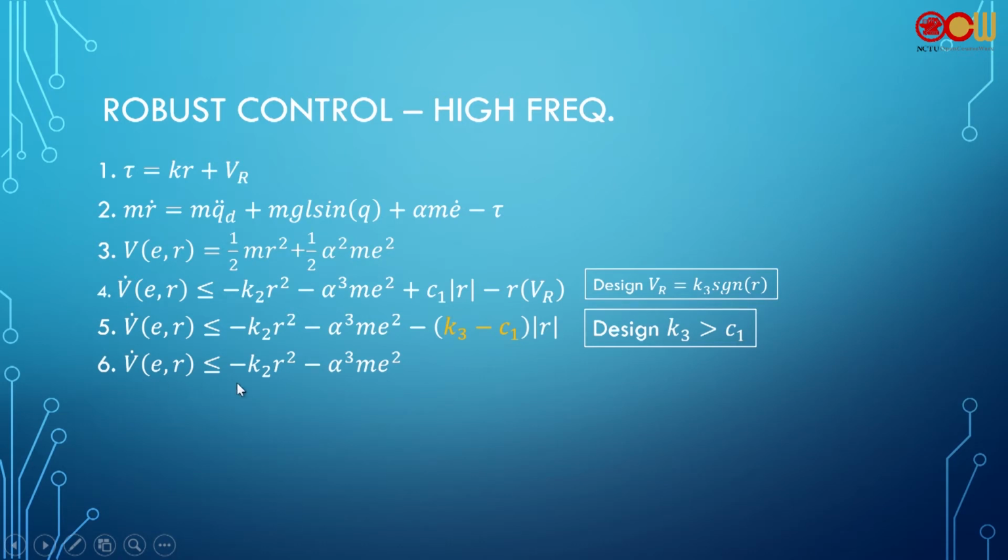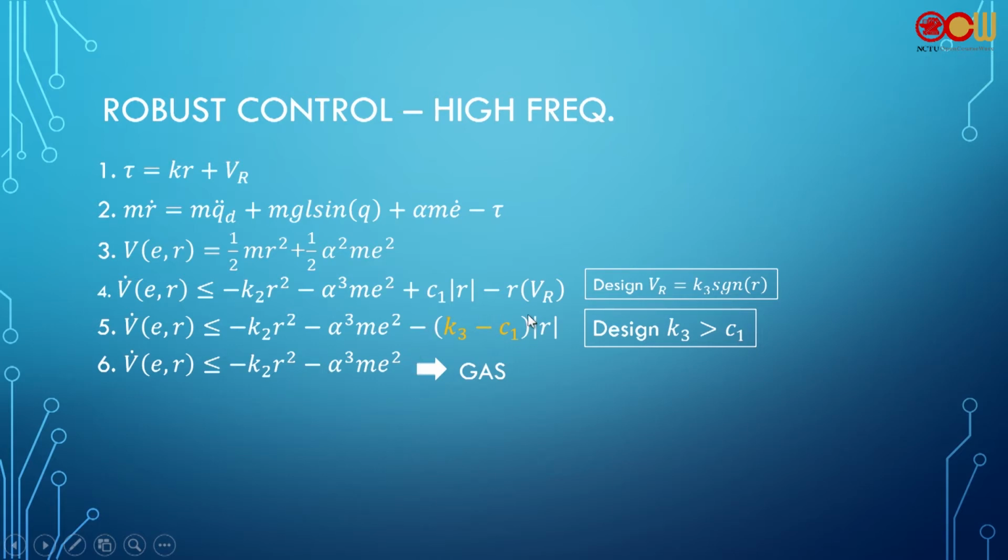This makes V dot negative definite, which is really good, right? It ensures global asymptotic stability, or global asymptotic tracking. It's global because this is unbounded, and it's asymptotic because it's negative definite.